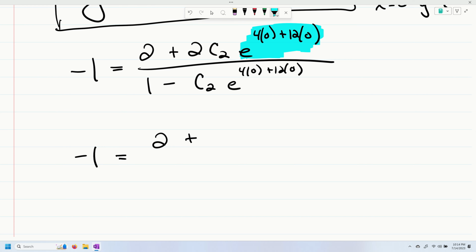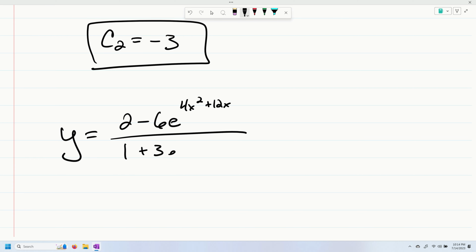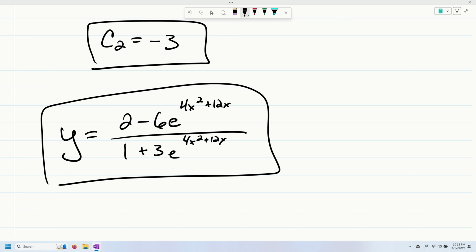And then when you go ahead and do all your algebra, you should turn up with c2 equals -3. This video is already getting very long, so I just want to cut to the chase. All right, so y equals 2 minus 6e to the 4x to the second plus 12x all over 1 plus 3e to the 4x to the second plus 12x for our particular solution.